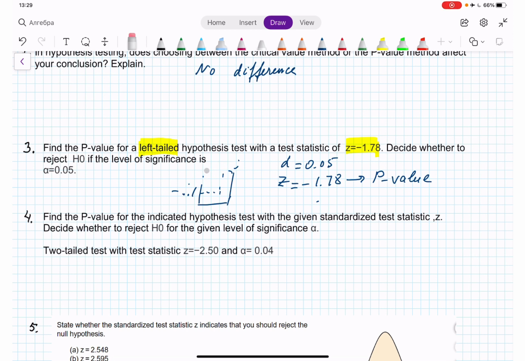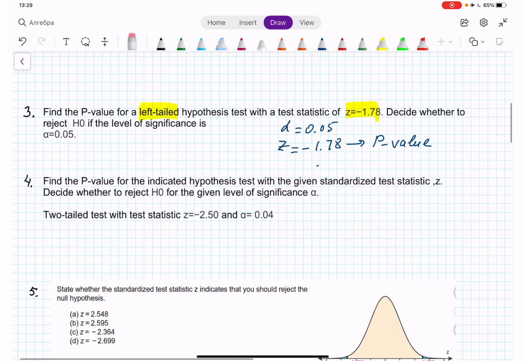Let me clean this. So our p-value, if you look, for negative 1.78, the p-value is going to be 0.0375.